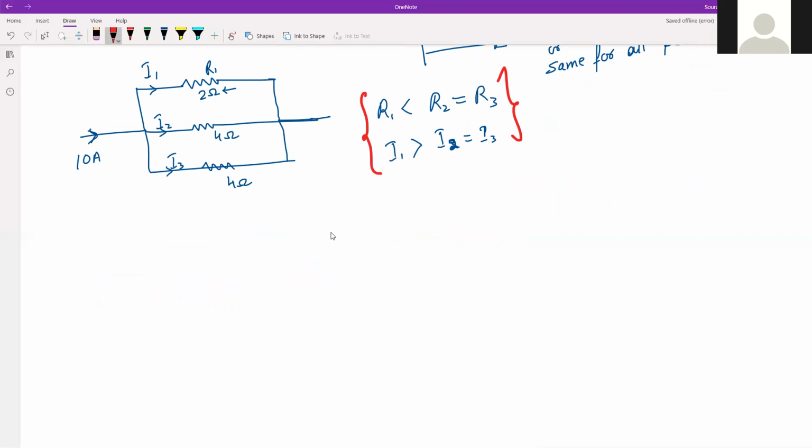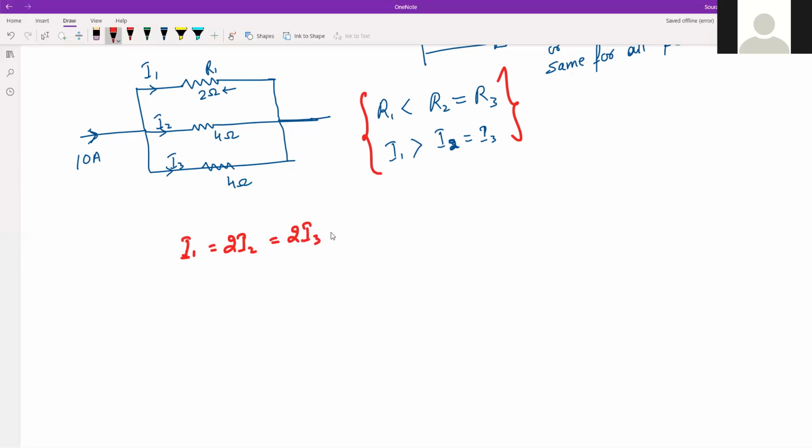So let's say in this case, as I said, the resistances given are 2 ohms here, 4 ohms and 4 ohms, and the current is 10 ampere. The current is divided in the ratio 2 is to 4 is to 4, the opposite ratio. So between I1 and I2 there is a relation: I1 is double of I2, or double of I3.